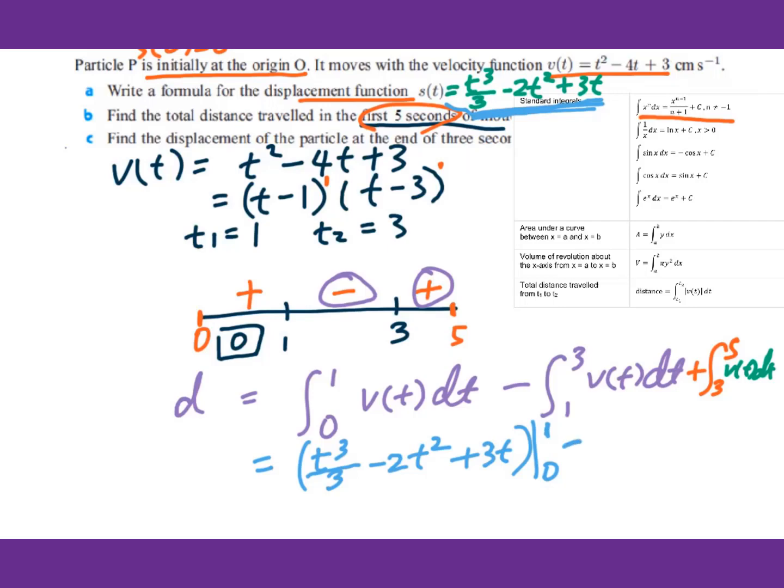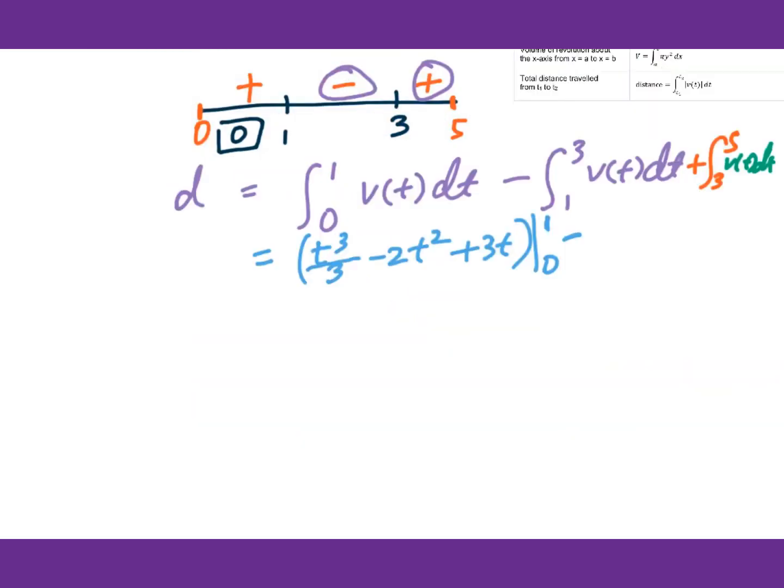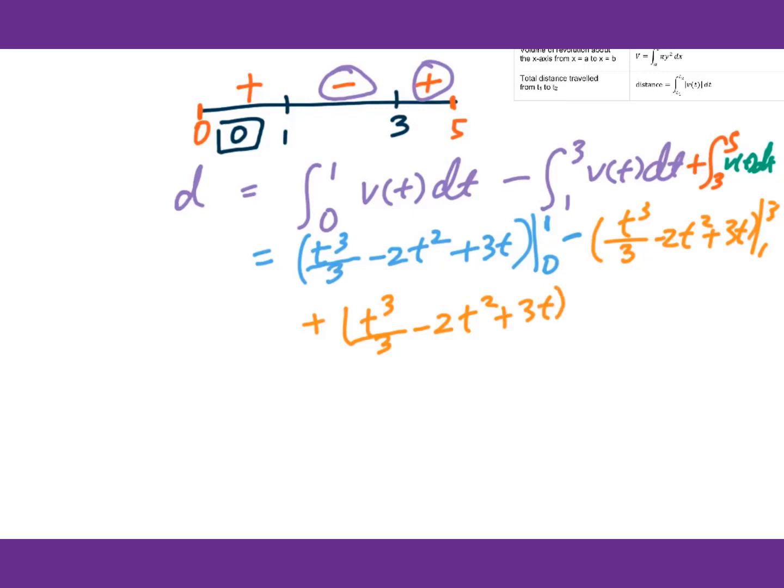Then minus the same function, t to the third power over 3 minus 2t squared plus 3t, from 1 to 3. Then plus t to the third power over 3 minus 2t squared plus 3t, we do from 3 to 5.